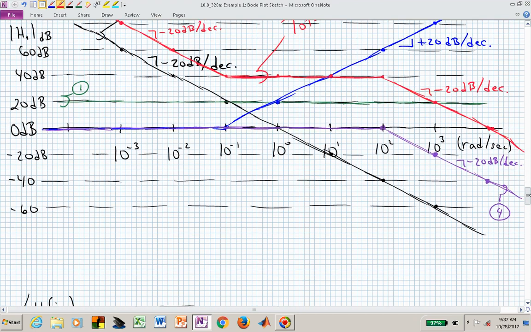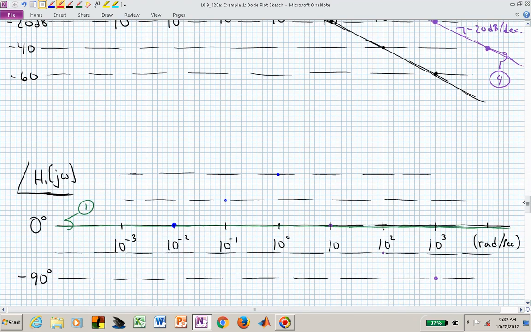That's now the magnitude. Let's now look at the phase. The phase, we have the constant gave us 0 degrees for all frequencies. The pole at the origin gave us minus 90 because it's a pole. So here is the contribution due to the pole at the origin.